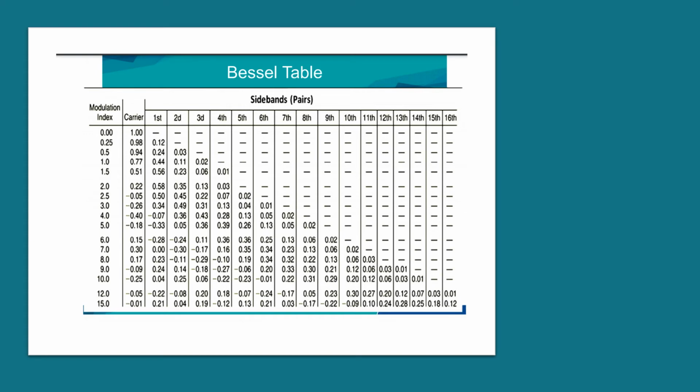So here is the representation of a Bessel table with the column representing the modulation index, while the upper part is the sideband pairs.